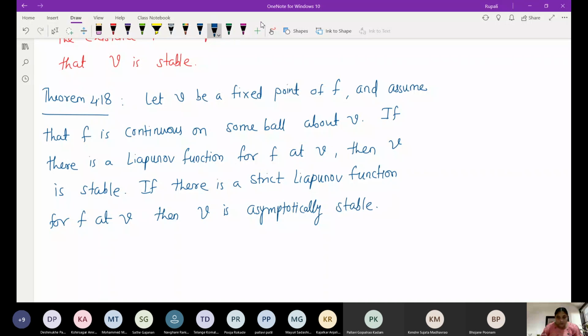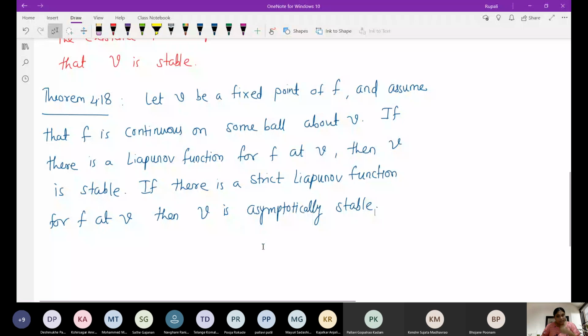So if we want to check whether it is asymptotically stable or not, we have to show the existence of a strict Liapunov function there. And if only a Liapunov function exists with that inequality less than or equal to, then that V will be just stable.